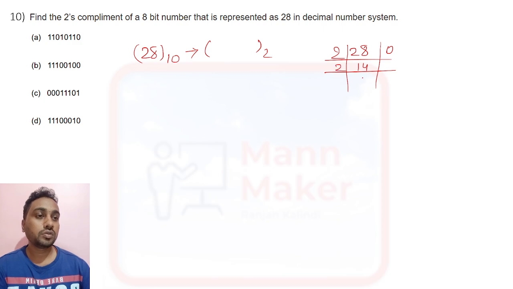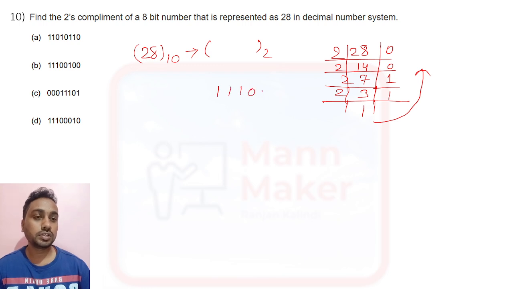Then 2, this is 7, no remainder means 0. Again 2, so 3, and 1 will be the remainder. Again 2, so 2 will be in 1 time and 1 remainder. So from like this you need to write 1 1 1 0 0.